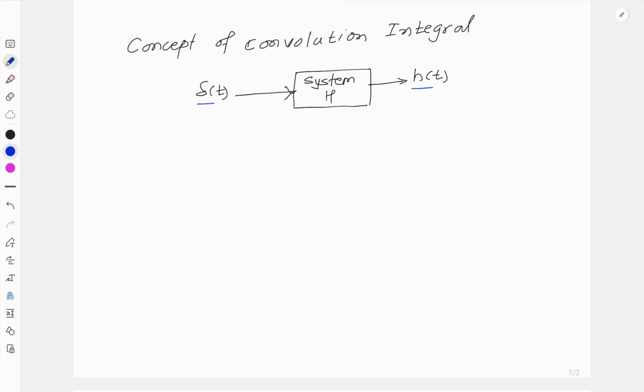The input-output relationship of this system is denoted as output h of t is operated by the system transfer function and the input is the impulse function. Now this becomes known to us. It means I have a system whose impulse response h of t is known.